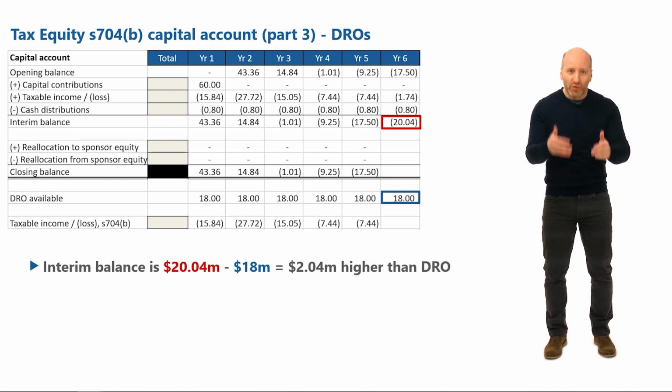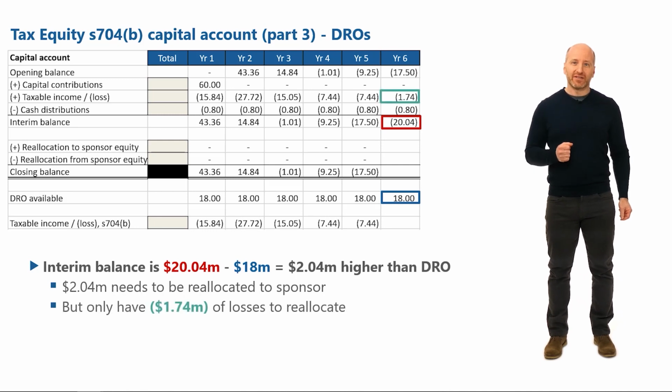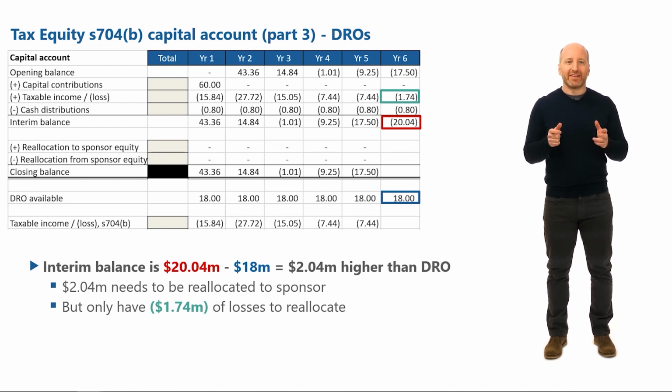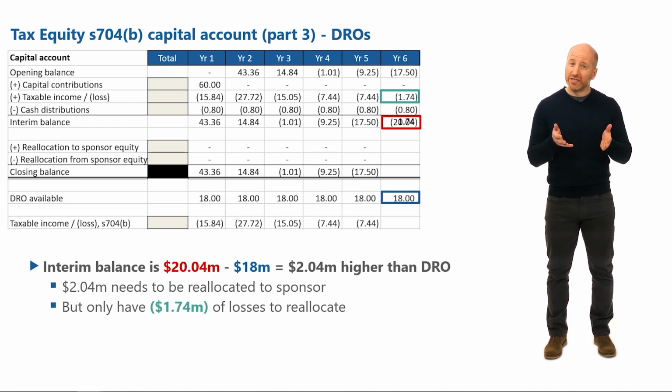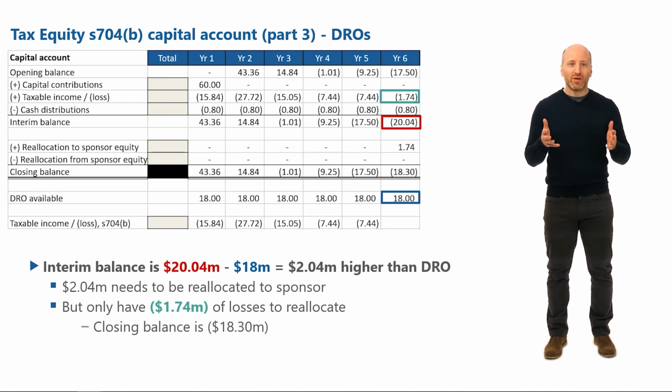We need to reallocate the 2.04 million, but tax equity only has 1.74 million of losses that it can reallocate, which leaves the closing balance at negative 18.3 million. And now that absolute value of 18.3 million is greater than our $18 million DRO limit. And this is an issue, but we'll come back to it in a couple of minutes.